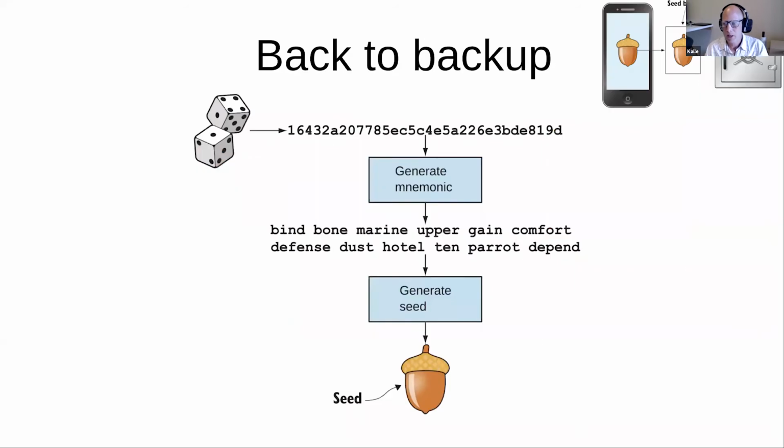So let's get back now to backup. We have a way to generate a tree of keys, and we want to back up the seed. How do we actually back up the seed?